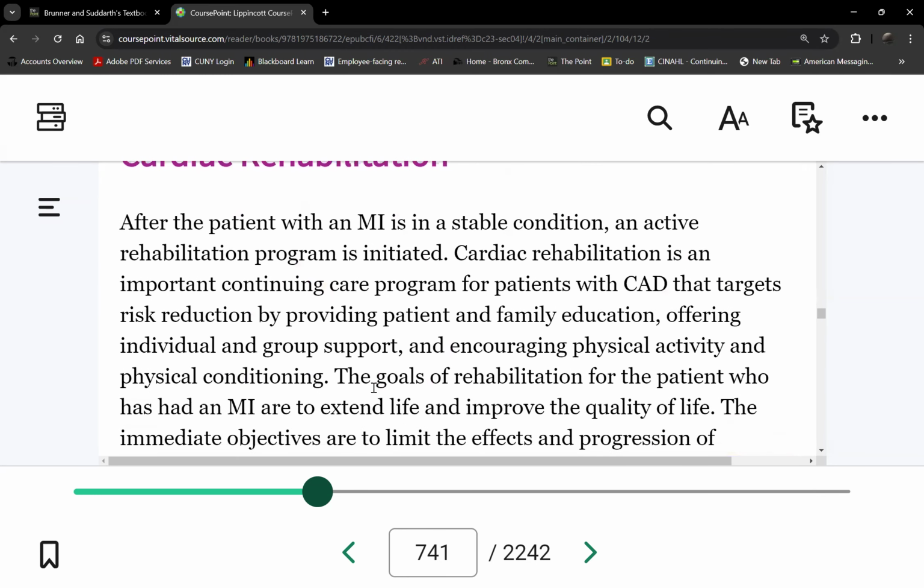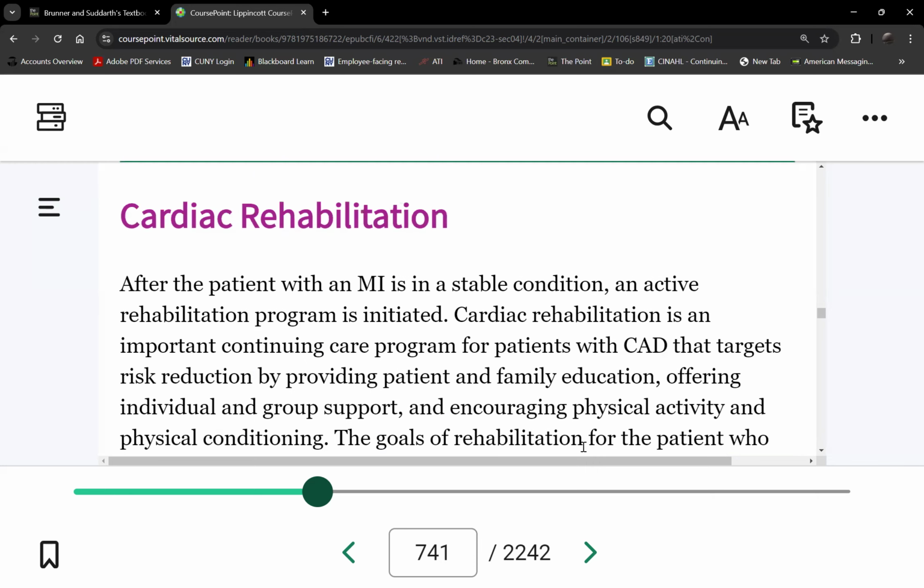All right, this part we won't discuss. Rehab will be a long time. There are 2 types of rehab: inpatient cardiac rehab, and outpatient. Outpatient means the patient goes to the outpatient facility or they get home health rehab. But most patients after an MI are usually in inpatient rehab.